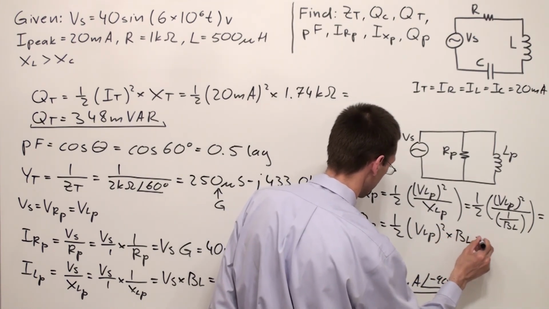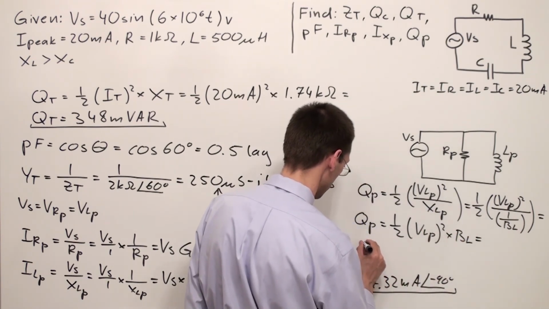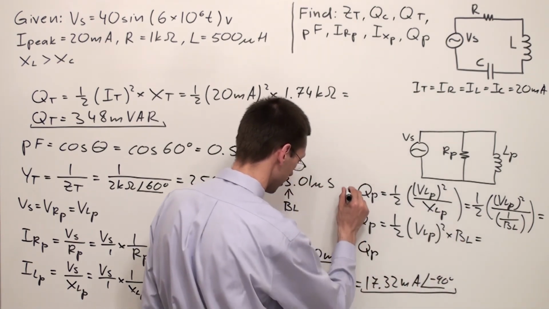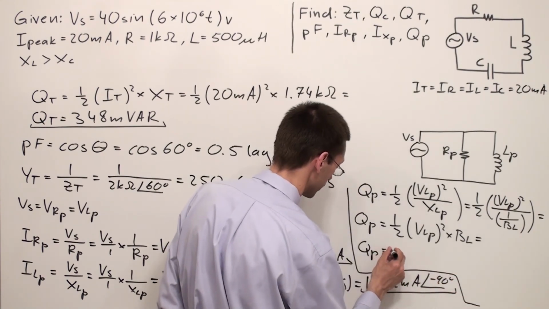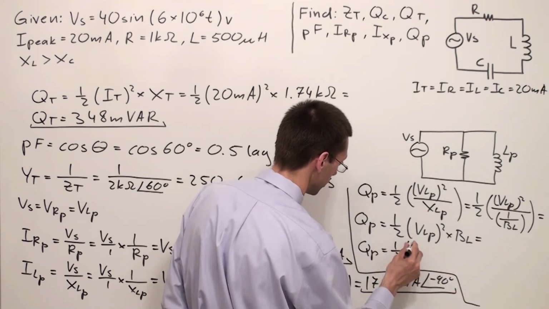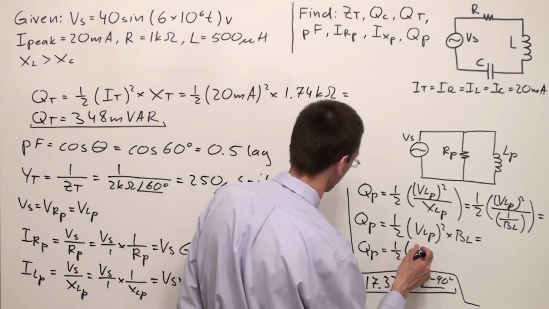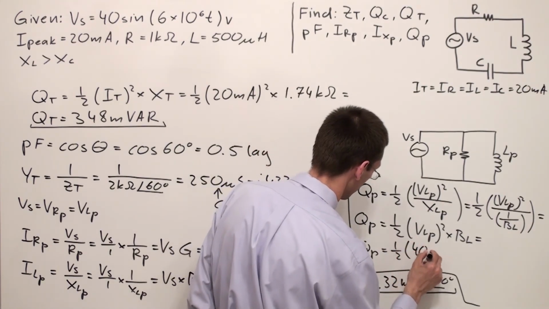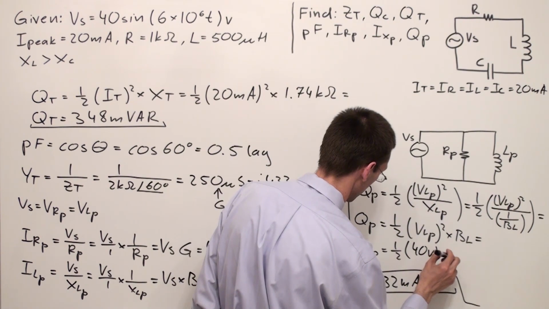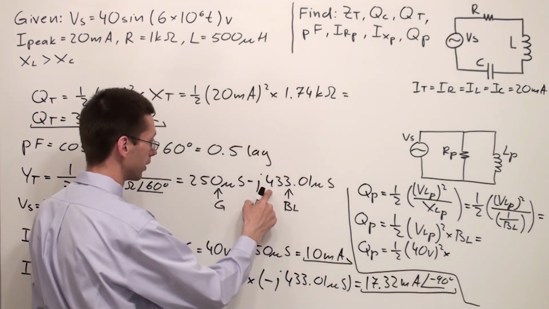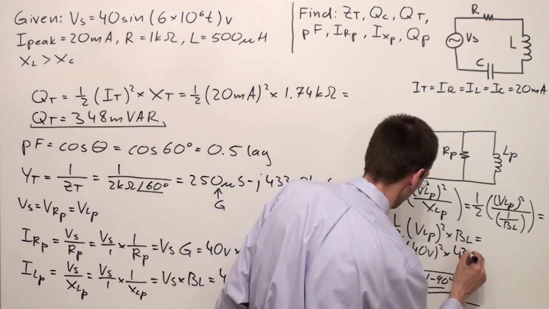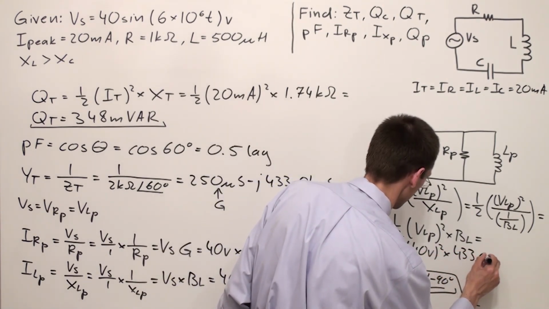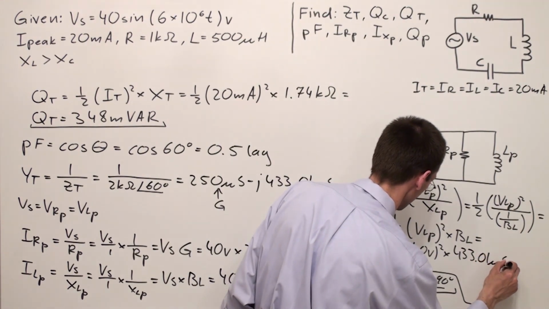If you plug in the numbers, you have QP equals 1/2, VLP is equal to 40 volts raised to the second power, times BL, 433.01 microsiemens.